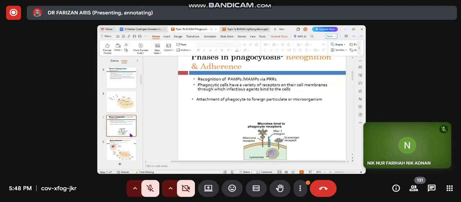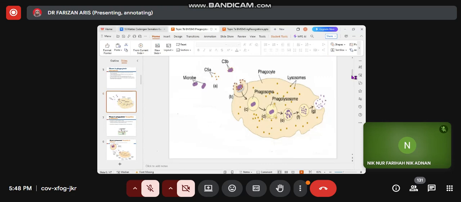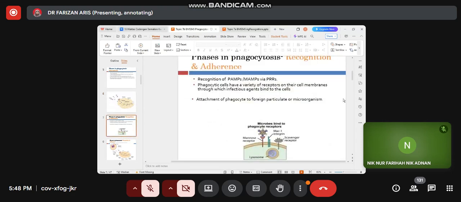So here, for example, in terms of the first step, recognition after chemotaxis, followed by recognition and adherence. When we are talking about recognition, recall the previous subtopic 7A. We've discussed the mannose receptor before, right? Scavenger, toll-like receptor, right?